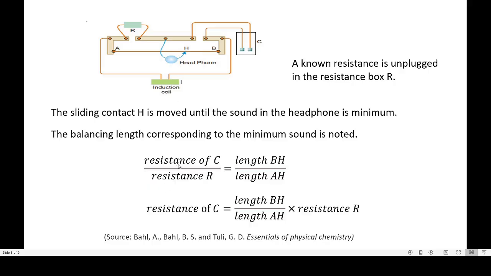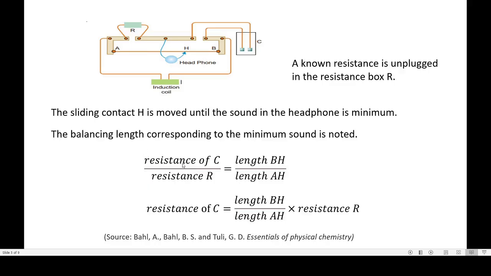And now the resistance of solution C upon resistance R, which is unplugged in the resistance box, will be equal to length BH upon length AH.